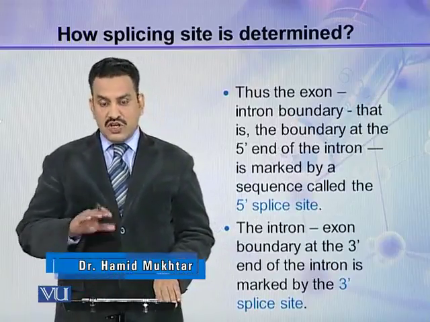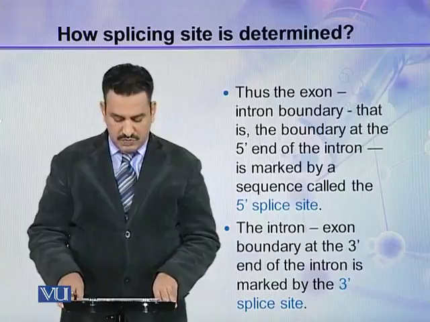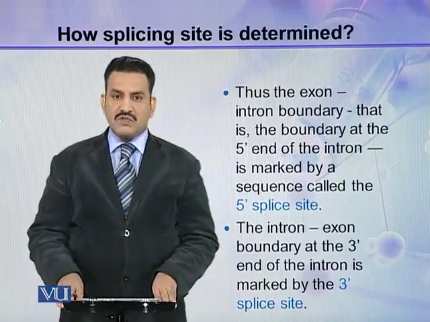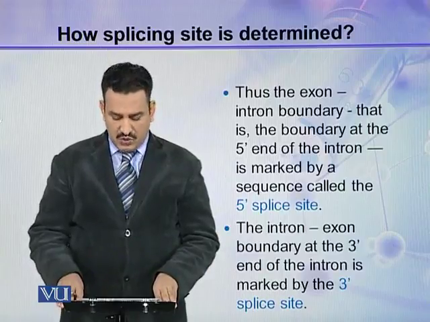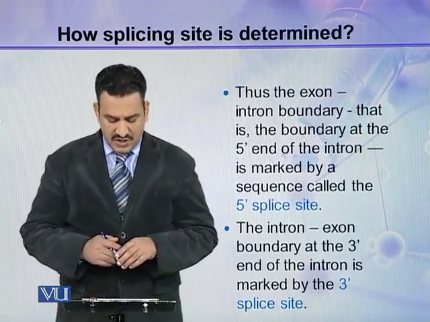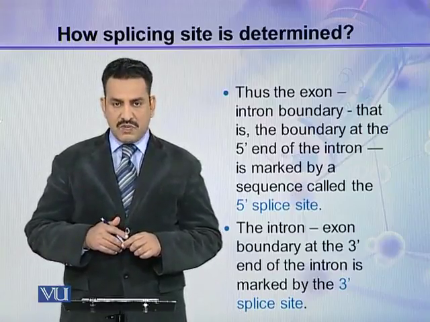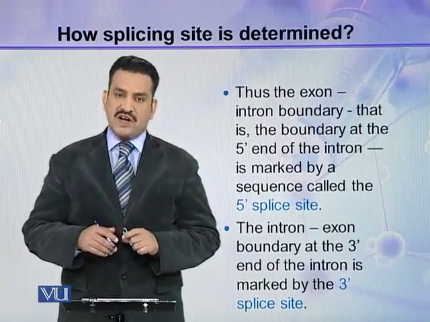Thus, the exon-intron boundary, that is the boundary at the 5' end of the intron, is marked by a sequence called the 5' splice sequence or splice site. The intron-exon boundary at the 3' end of the intron is marked by the 3' splice sites.